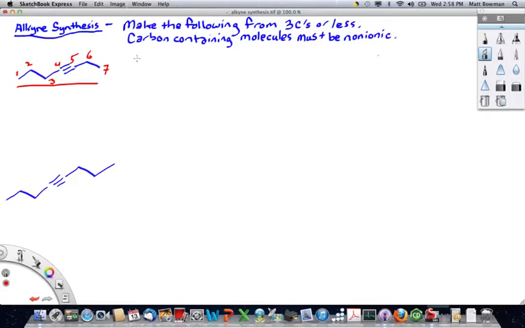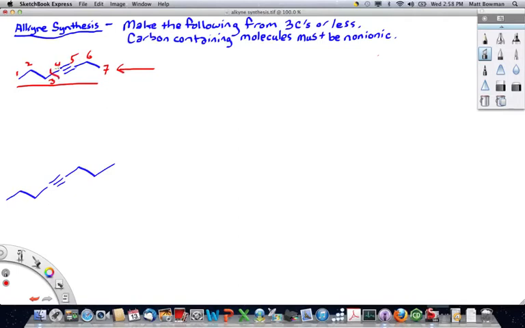Well, the way we make alkynes is through an SN2 reaction, where the nucleophile happens to be a deprotonated alkyne. So the bond that we always make is a bond next to an alkyne, next to the triple bond. So we can make either the bond between carbons 3 and 4, or the bond between carbons 5 and 6.